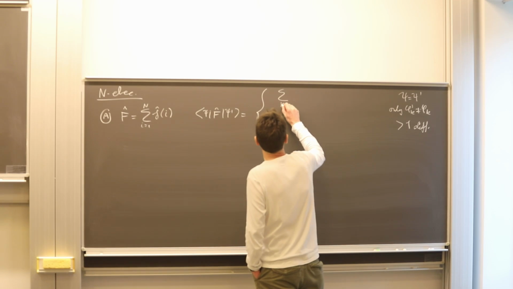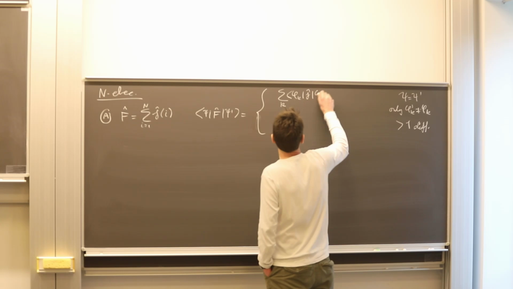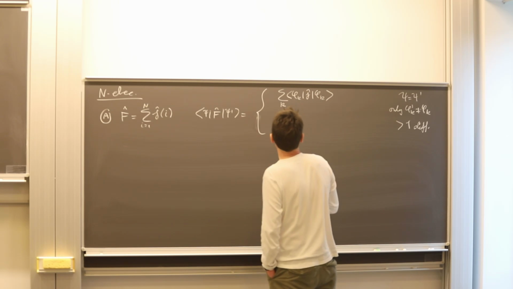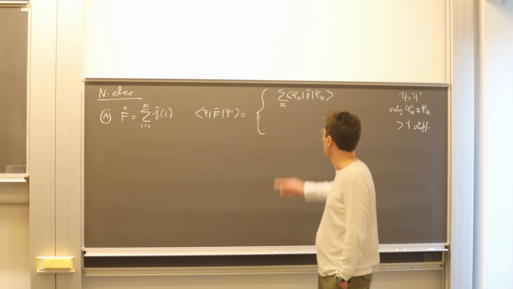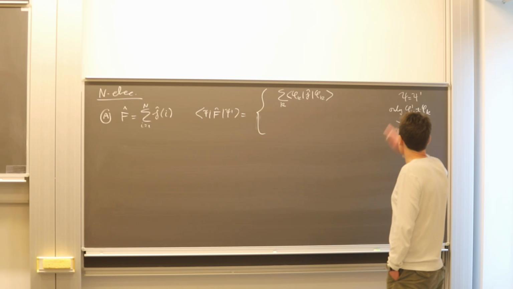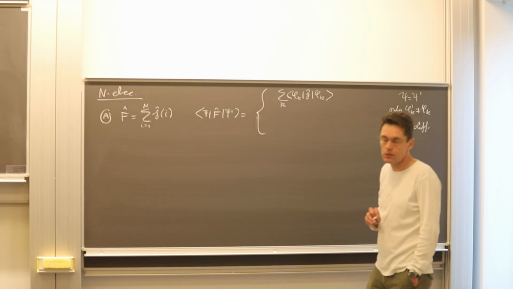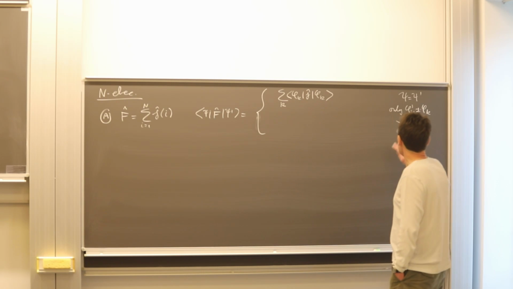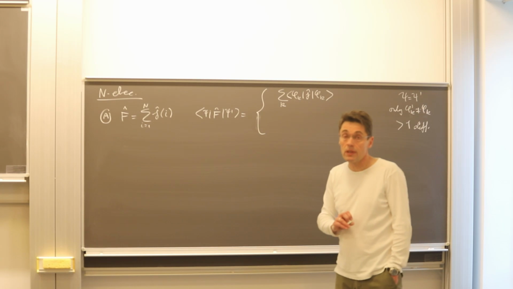So let's say k, phi k, f, and phi k. So we simply get a sum over single-body terms, one for each orbital. Now in this case here, if there's a difference in one place between the two stated determinants, this means that these two orbitals are orthogonal.